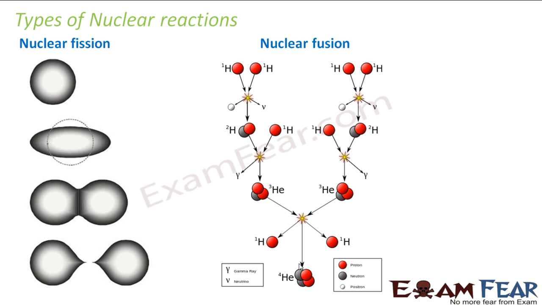This is how lighter nuclei join together to form heavier nuclei, and whenever each fusion takes place, a huge amount of energy is released side by side. This energy which is released is the nuclear energy which is made useful for various practical purposes. One of the most important applications of this nuclear energy is the generation of electricity.